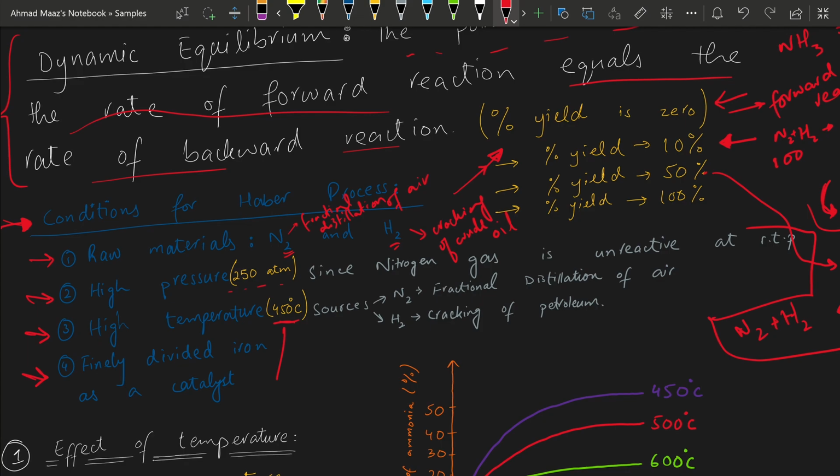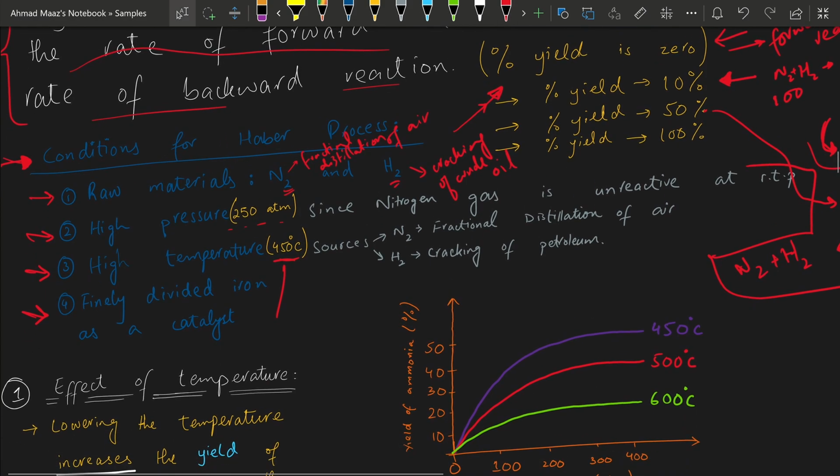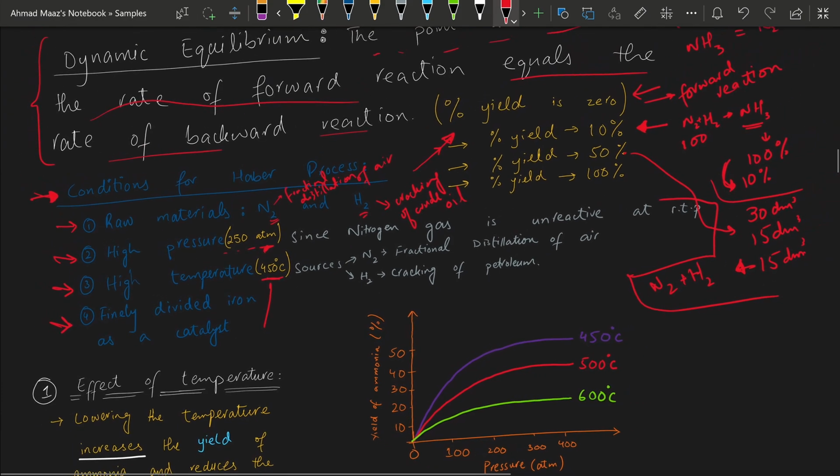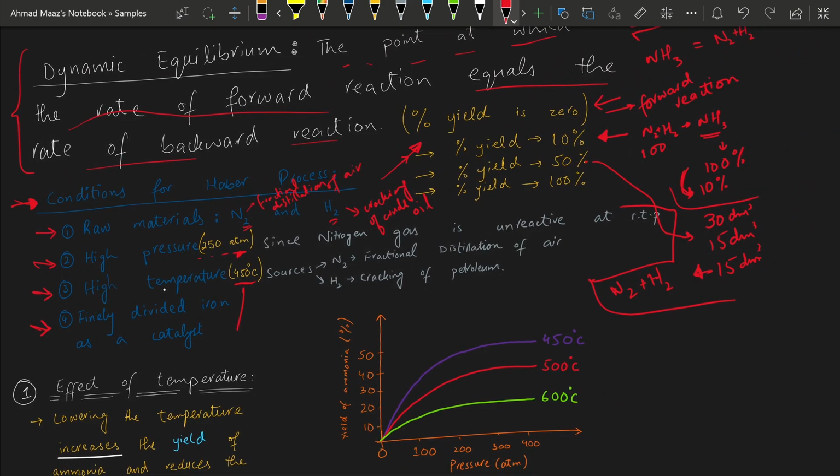Now we use a very high temperature and pressure because nitrogen gas is unreactive at room temperature, so it won't react with hydrogen under normal room temperature and pressure conditions. That is why we use a high pressure and a high temperature to make nitrogen reactive.